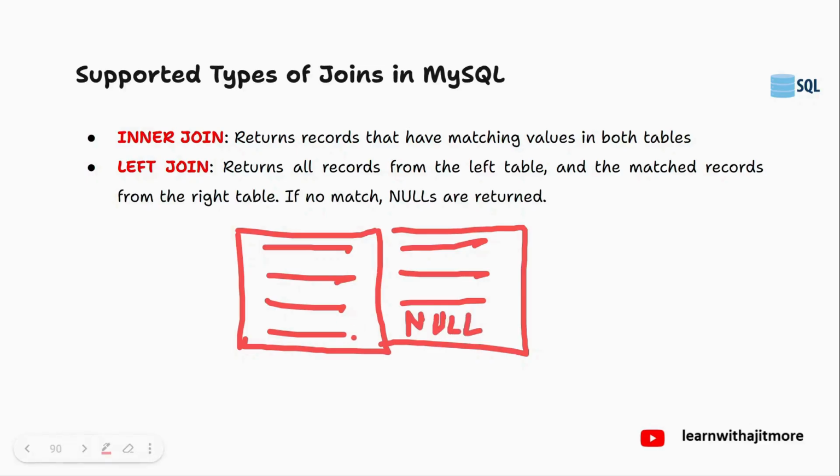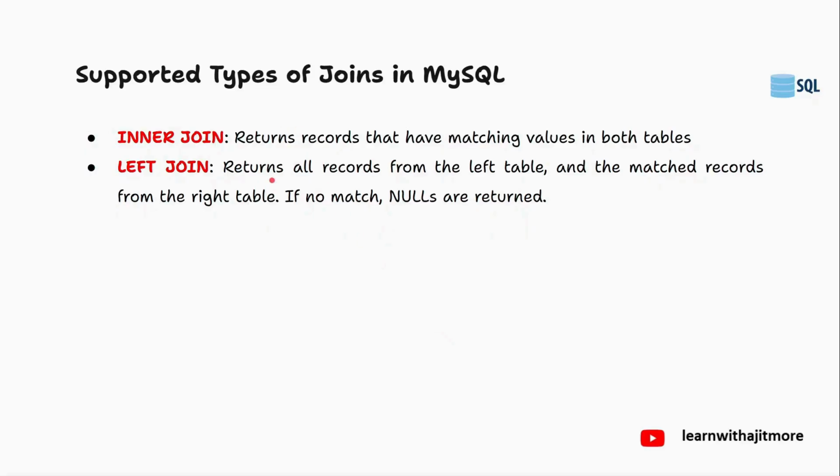So it returns all the records from the left table and the matched records from the right. If no match, nulls are there.